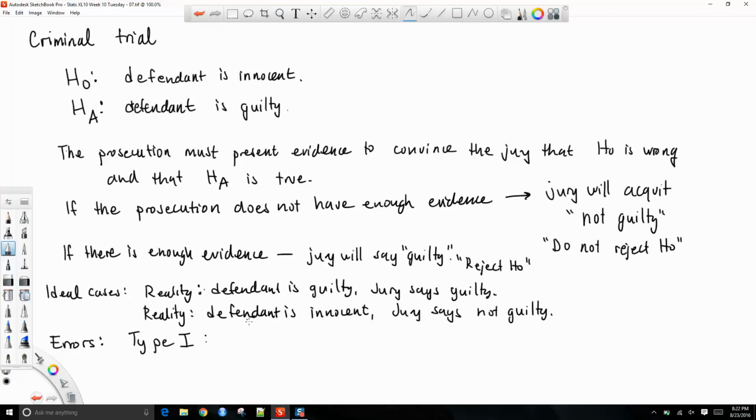Okay, so what is a type 1 error in this case? Guilty when you're innocent. So the jury says what, and in reality, the defendant is what? Innocent. Yeah, in reality the defendant is innocent, but the jury says guilty, right?